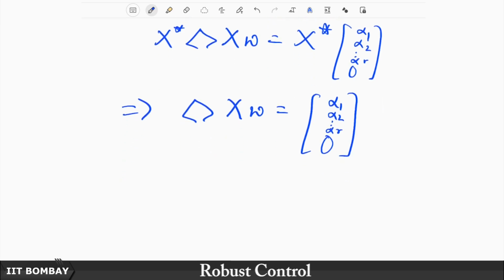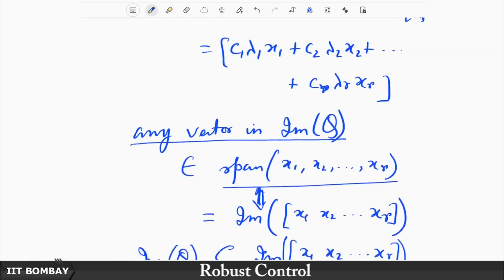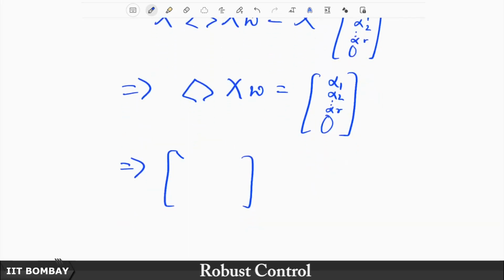But now look, what is this? If you look at this structure now, what did I call them? I hope I called them lambda 1 through lambda r. So, this is lambda 1, lambda 2 dot dot dot till lambda r and then the remaining all zeros. This is what this matrix is.